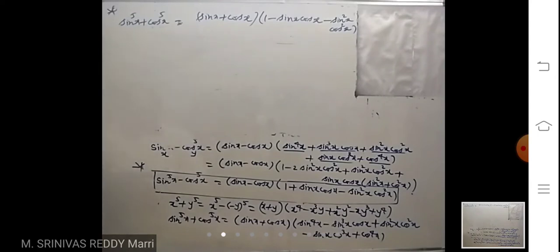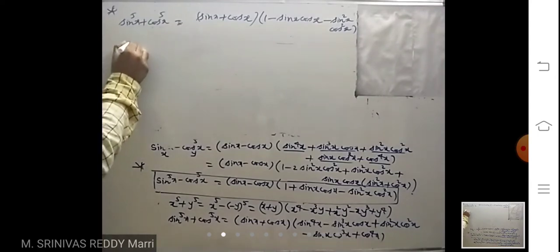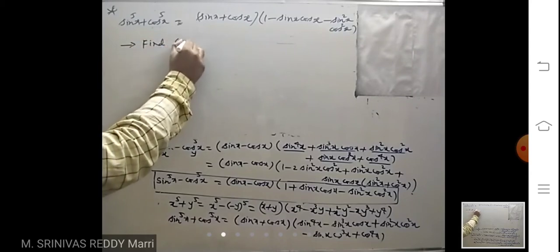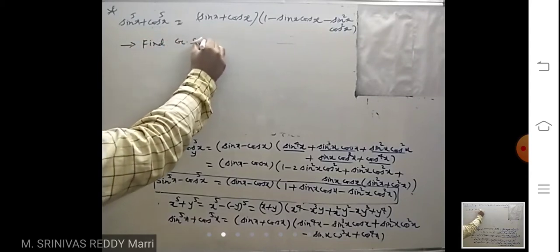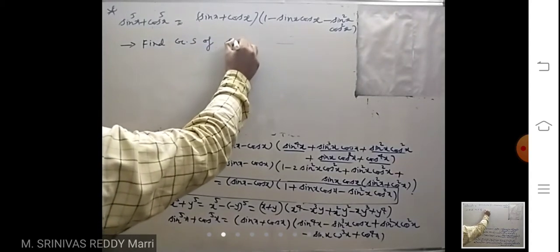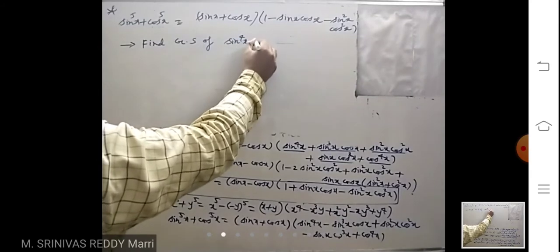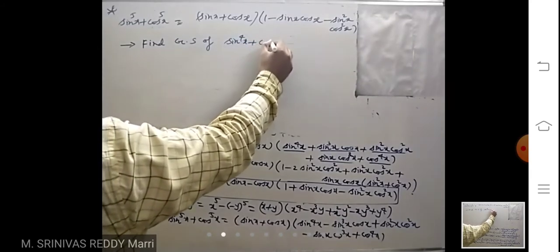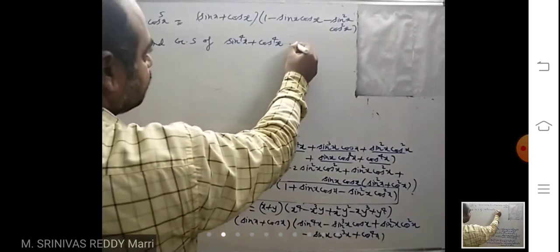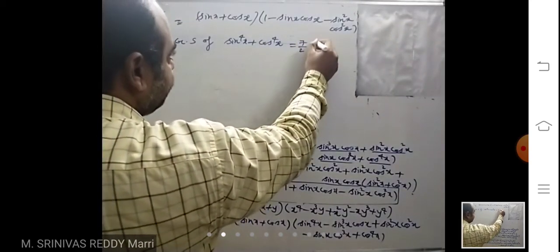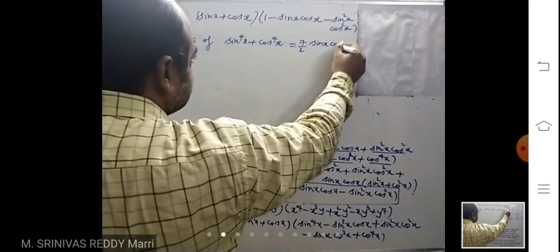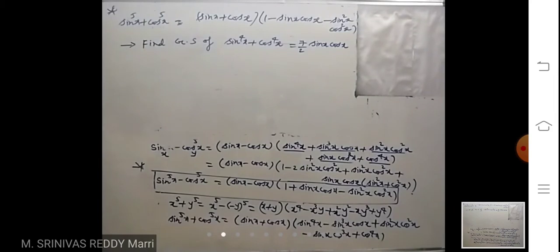Look at, find one problem you will get. Find general solution of sin power 4x plus cos power 4x equal to 7 by 2 sin x cos x. Look at this problem.